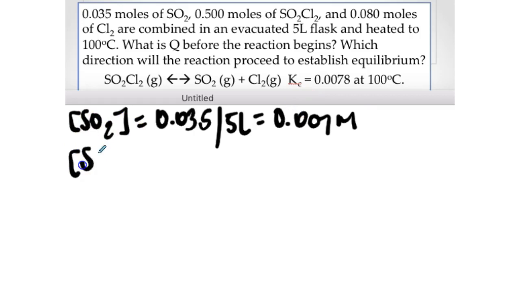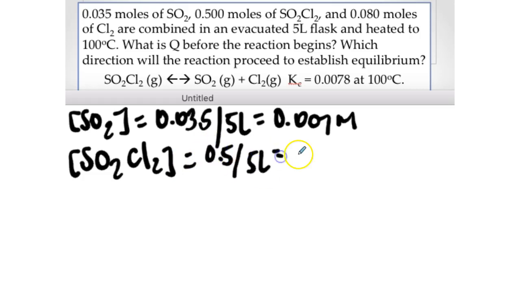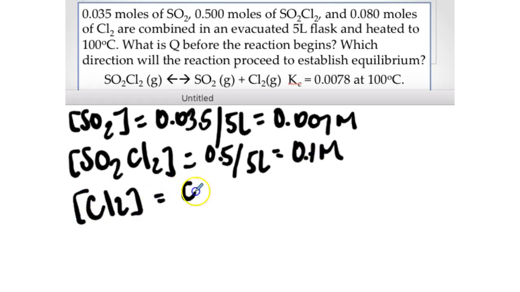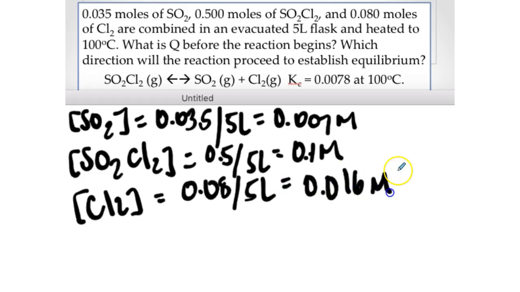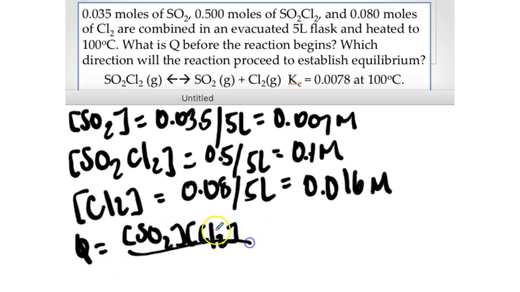And then you calculate the concentration of SO2Cl2, and you should have gotten 0.5 divided by 5 liters, which is 0.1 molarity. And we still need Cl2, which is 0.08 divided by 5 liters, and you get 0.016.